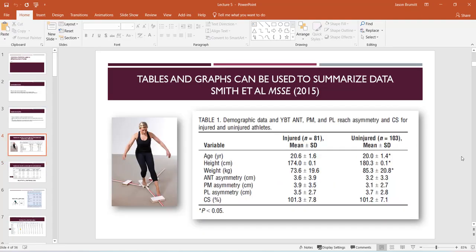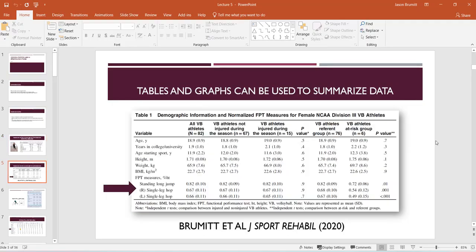There weren't differences, right? But then when we take a look further at risk profiles, in this case the risk profiles were performance on the three different jump tests, then significant differences were presented. This is really important, because sometimes you might only see a table where there's the breakdown between the injured and uninjured.